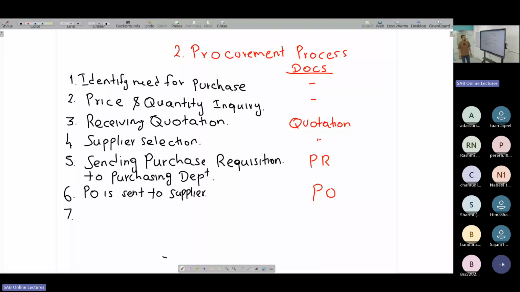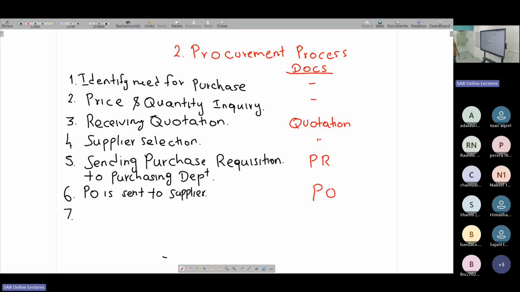Receiving quotation, the document is the quotation, and its purpose is to analyze the prices, the simple way to analyze the prices.